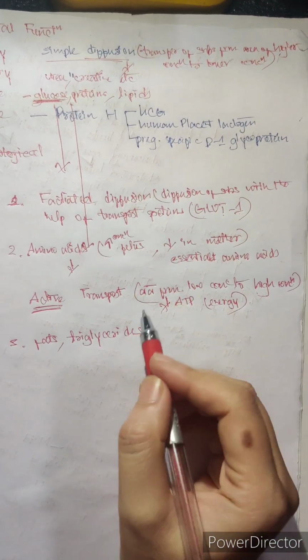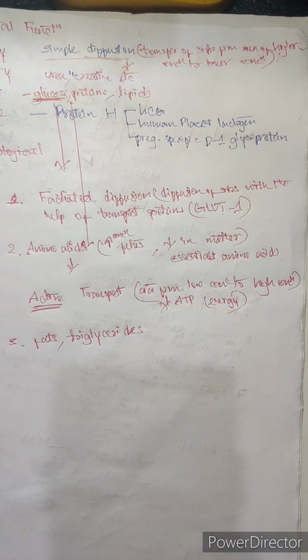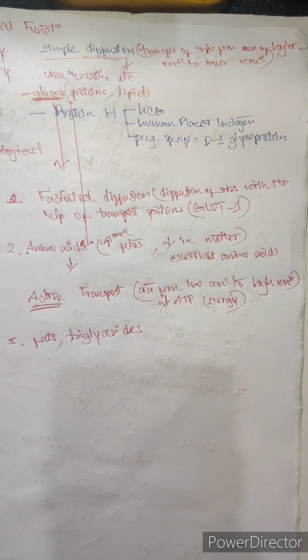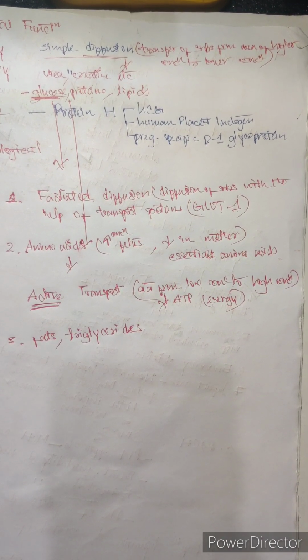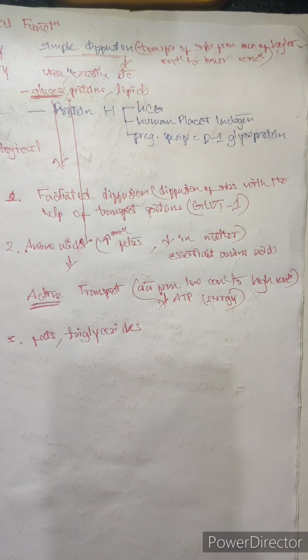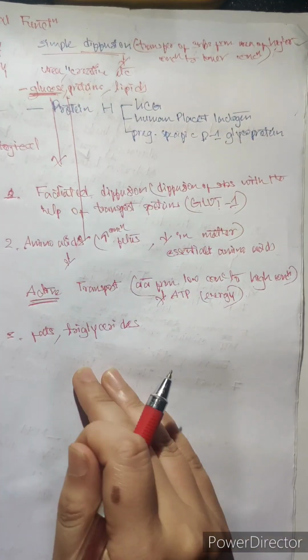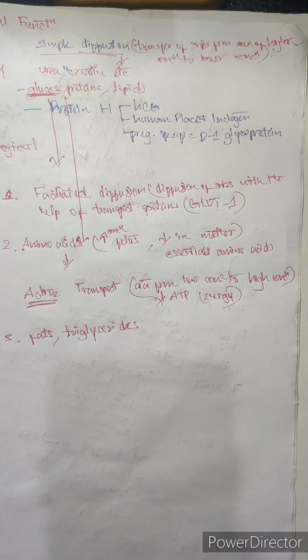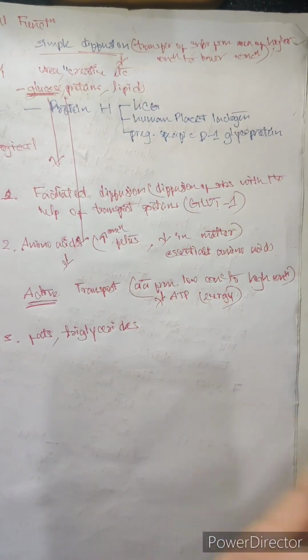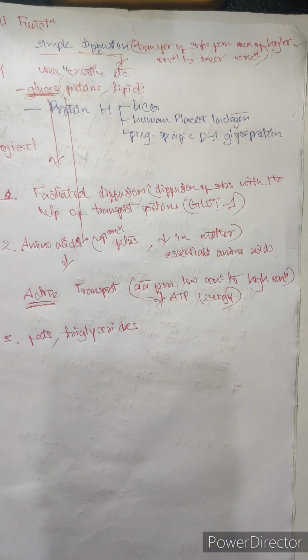Okay, because the plasma membrane is basically made of lipids and triglycerides only. So the transportation of these lipids and triglycerides, your fats, is very easy.